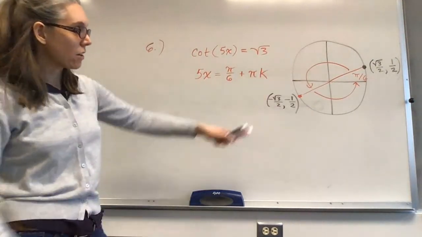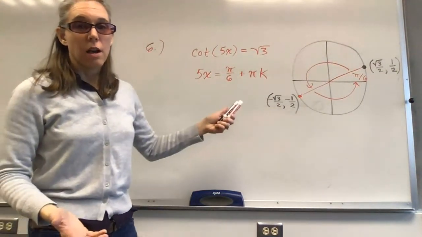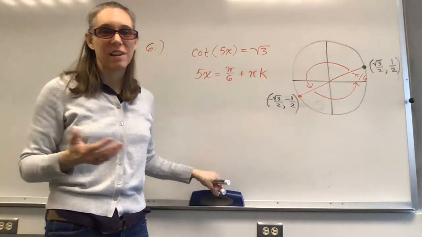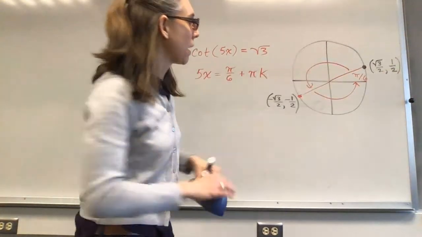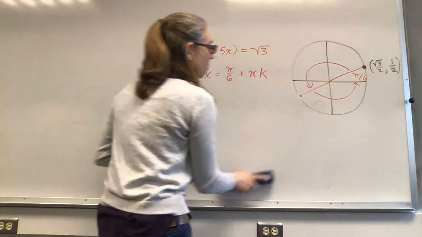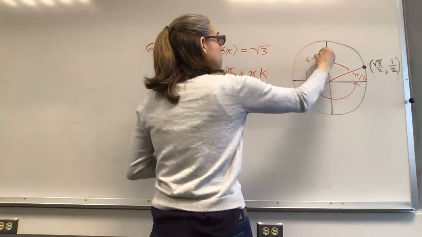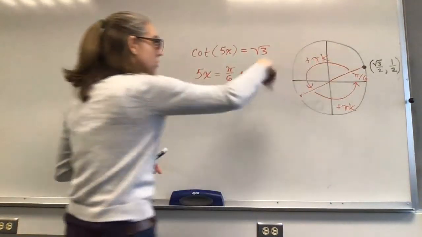So you don't actually have to include 7 pi/6 right away, it would just be redundant. You'd end up with the same answers generated eventually anyway. So just focus on the main one, pi/6. So you can see that every multiple of pi, you're coming around to one of your answers.